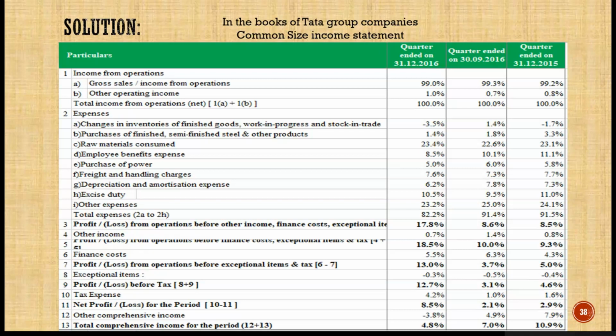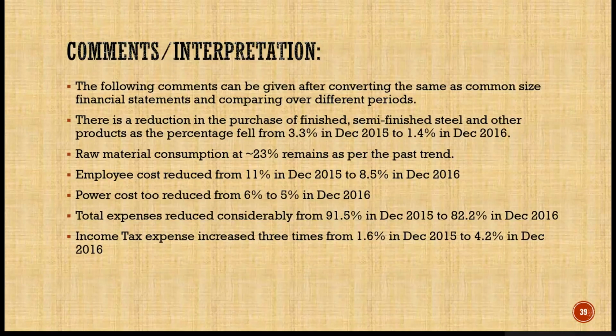Now, the comments on this performance or this common size financial statement are: first, there is a reduction in the purchase of finished, semi-finished steel and other products as the percentage fell from 3.3% in December 2015 to 1.4% in December 2016.